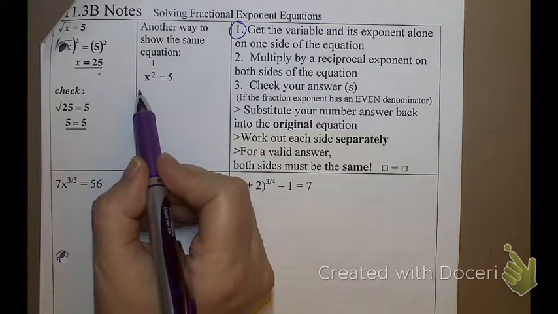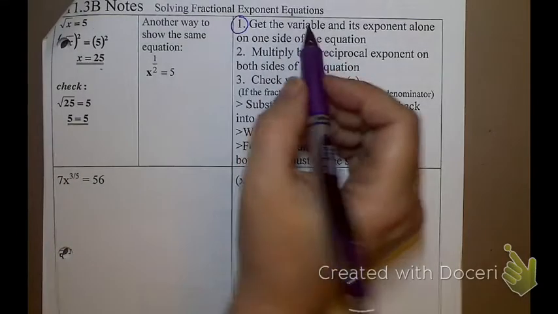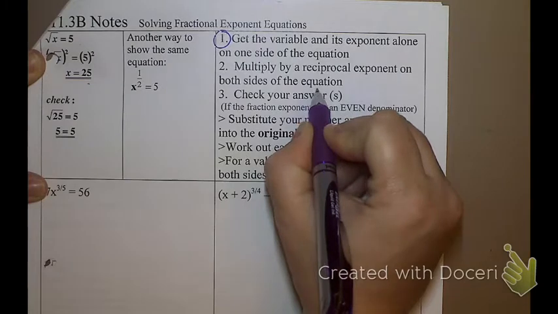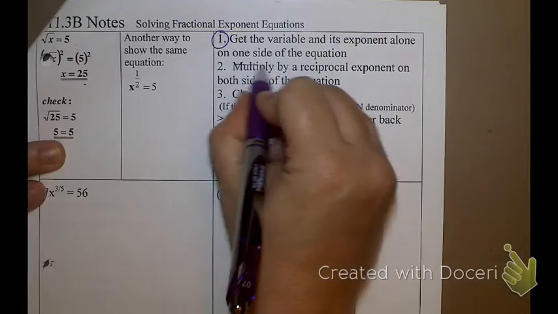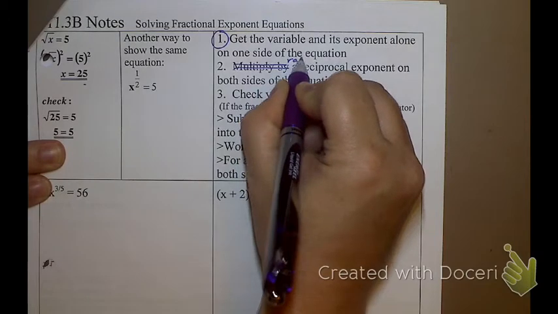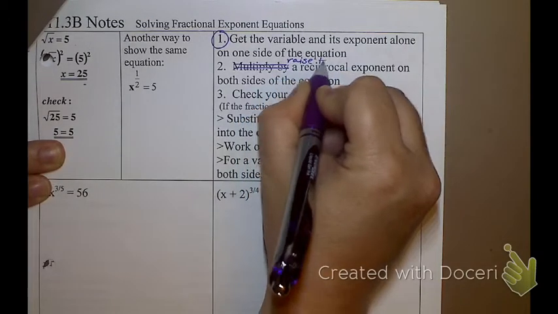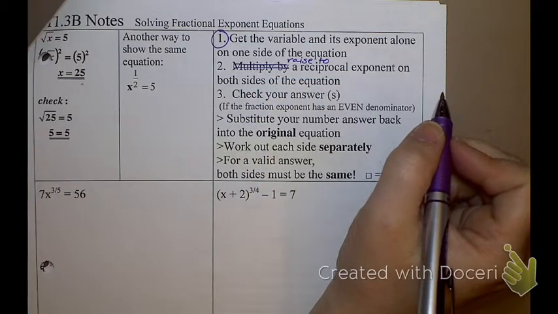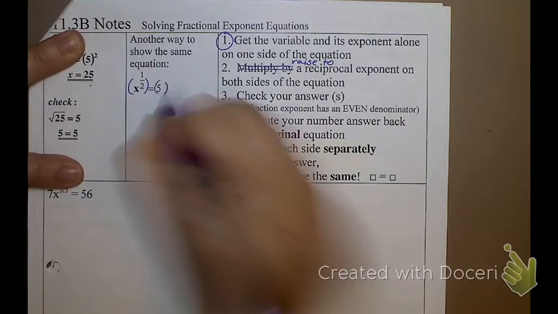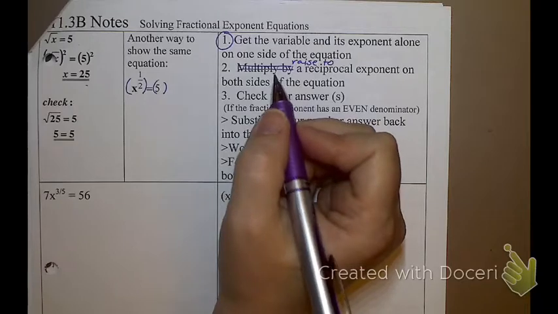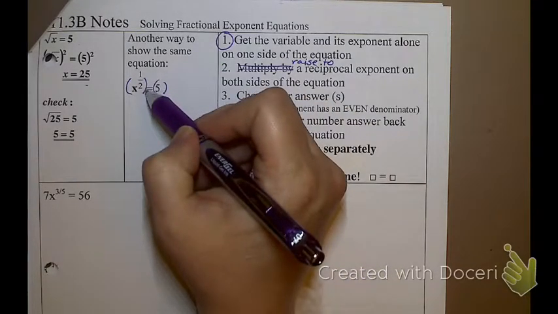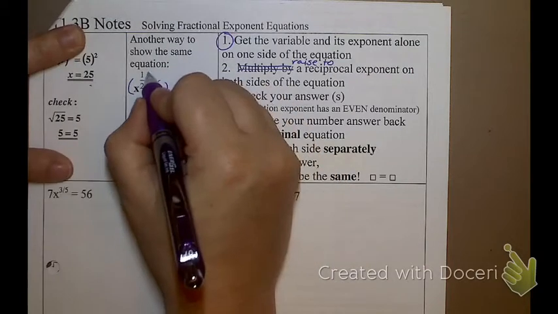Yes. Next thing I'm going to do, it says multiply by a reciprocal exponent on both sides of the equation. I don't really care for this term multiply by. I would say raise to a reciprocal exponent on both sides of the equation. So in other words, I'm going to raise both sides to a power, and the power that I'm going to use is the reciprocal of 1/2, which is 2 over 1.